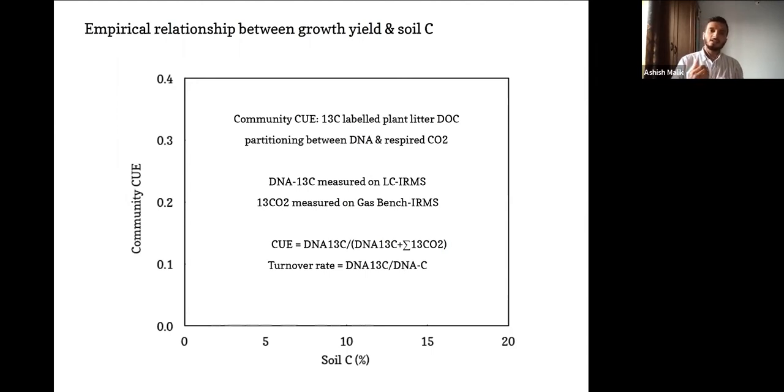And this litter was then added to small microcosms. And then we measured the amount of 13C that goes into the microbial DNA and the 13C that's in the respired CO2. And that allowed us to measure the community carbon use efficiency, which is a proxy for microbial carbon use efficiency. And we also used it to measure turnover rates.